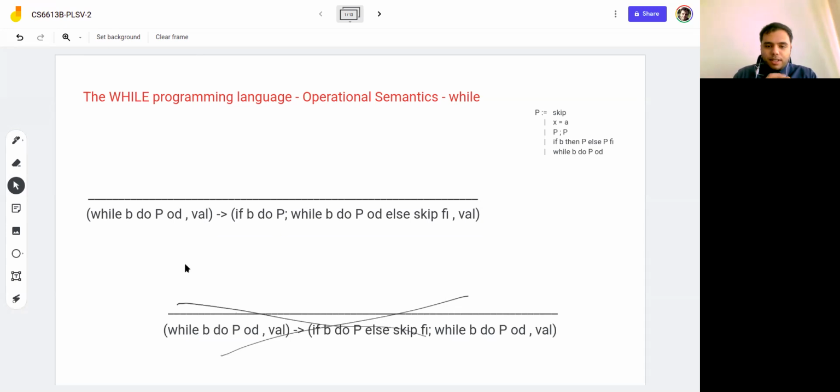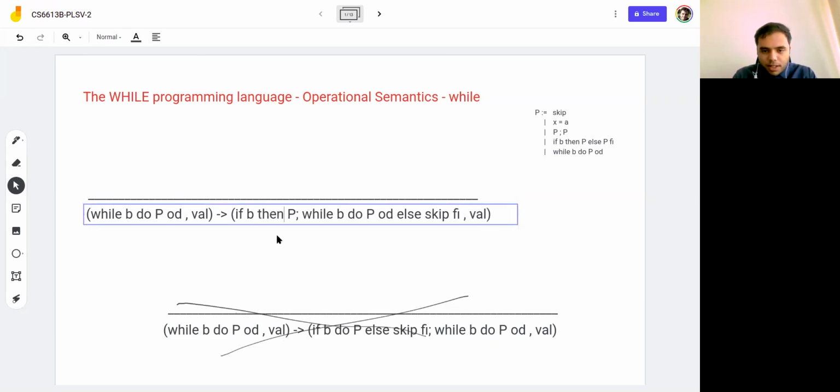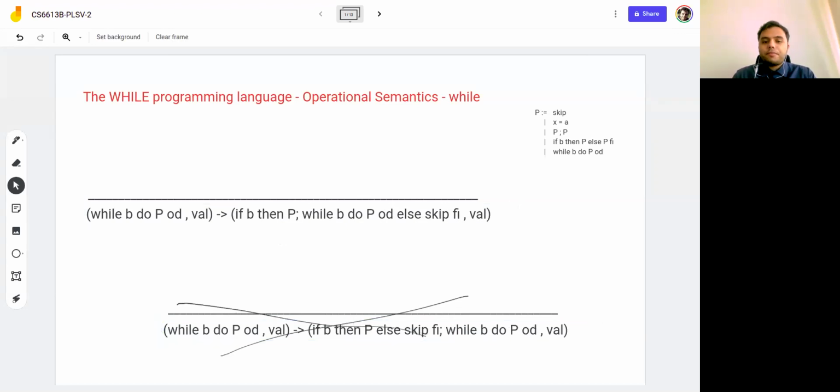So instead of rewriting the while using an if like this, you rewrite it like this. The main difference here is that in the wrong rule, we first executed an if and then executed the while. But here we are putting the while itself inside the then part of the if. Oh, this shouldn't be do, it should be then. Sorry about that. So why does this rule work?